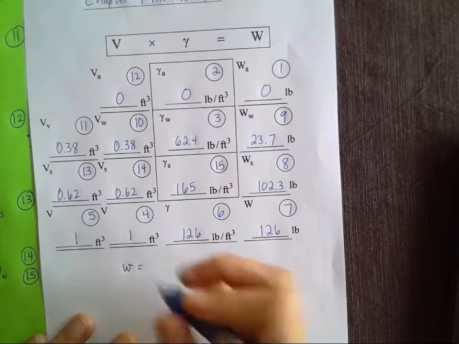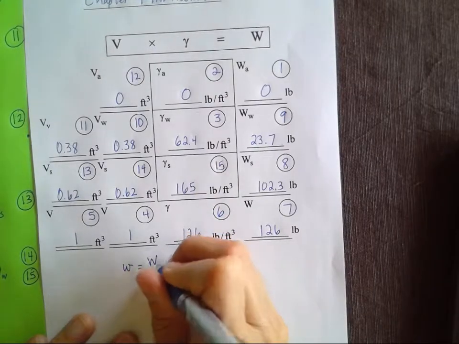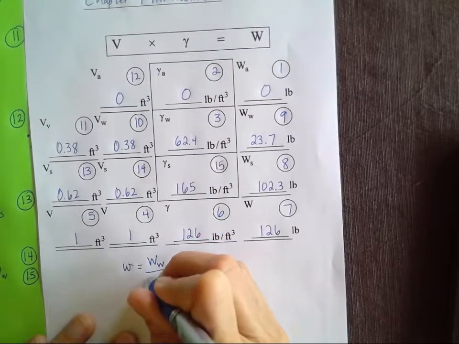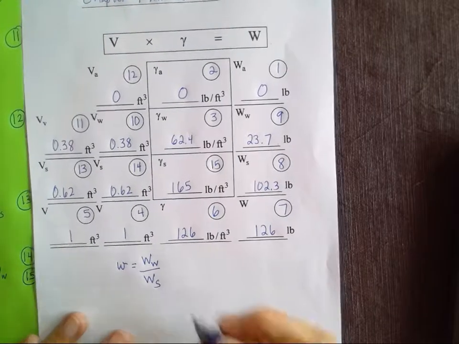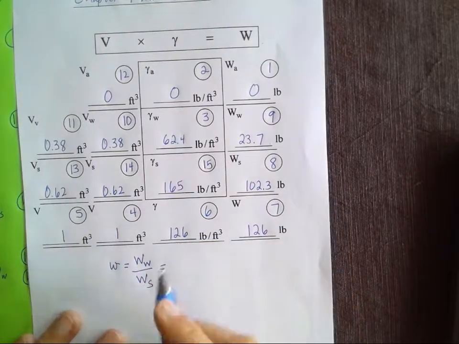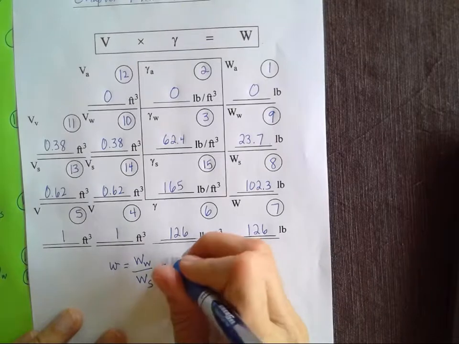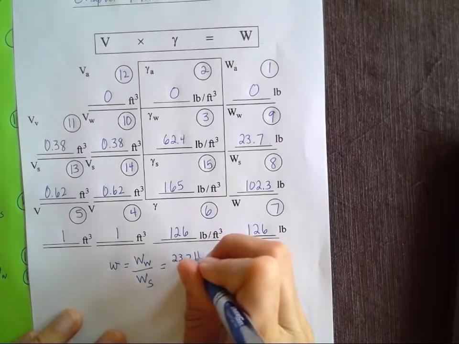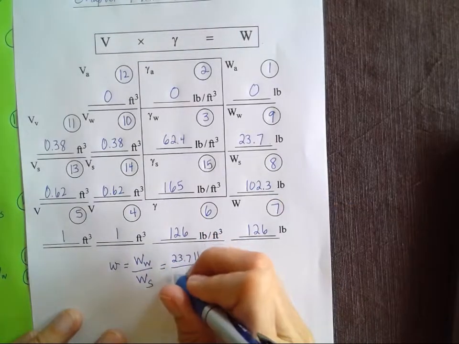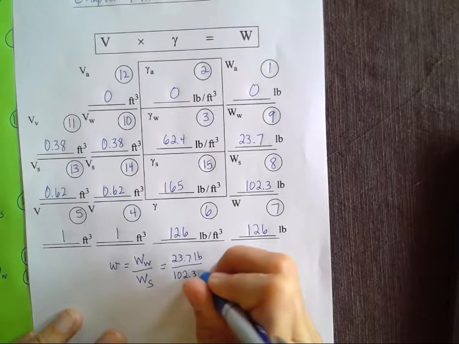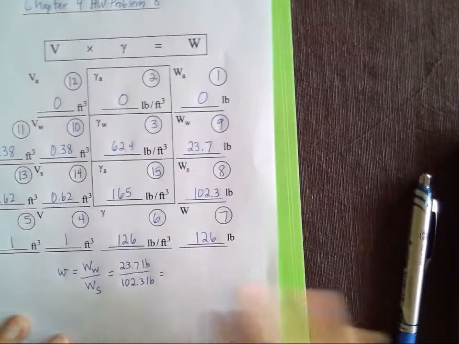The water content, again from our phase relationships, it's just going to be that weight of the water over the weight of the solids, and in this case, that's find your weight of the water, 23.7 pounds, divided by 102.3 pounds. So it's just that ratio.